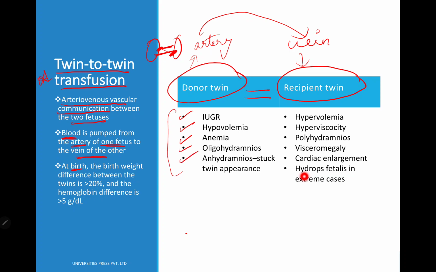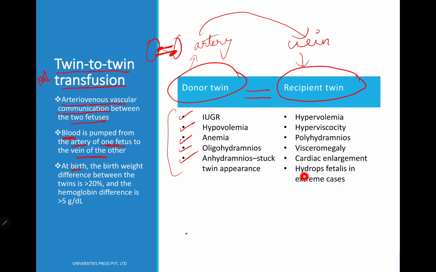Oligohydramnios, anhydramnios, stuck twin appearance. Okay, so very, very important. If one twin is donating all the blood to the recipient twin, what will happen to the donor twin? What will be the clinical manifestations of the donor twin?